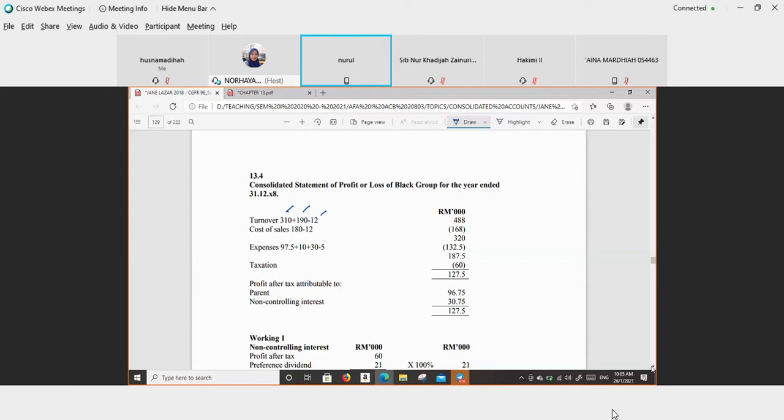This is the intercompany sales from earlier. Cost of sales: 100 plus 80 minus 12. I will tick all of these. 1, 2, 3, 4. Okay, expenses?